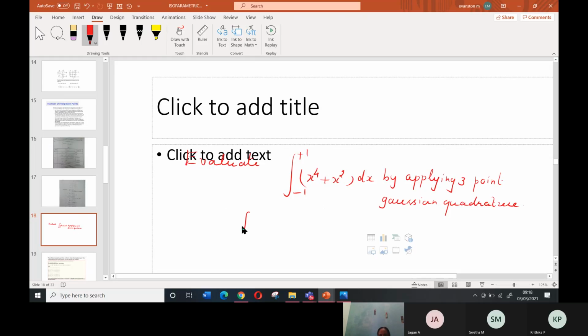So here the function is f of x equal to x power 4 plus x square.